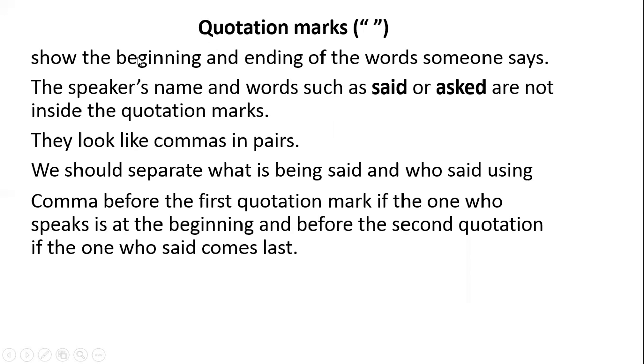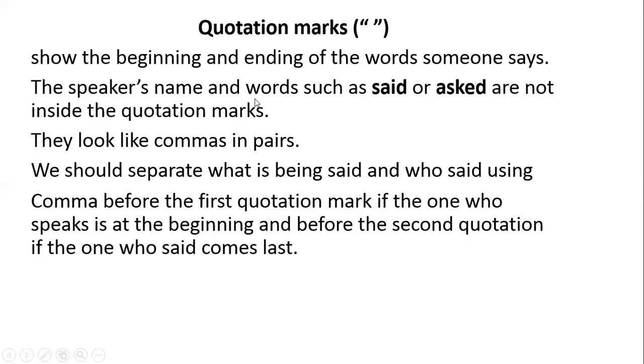Quotation marks show or indicate the beginning and ending of the words that someone says. If I'm reporting someone's speech, I will use them at the beginning and at the end of the direct speech of the speaker.